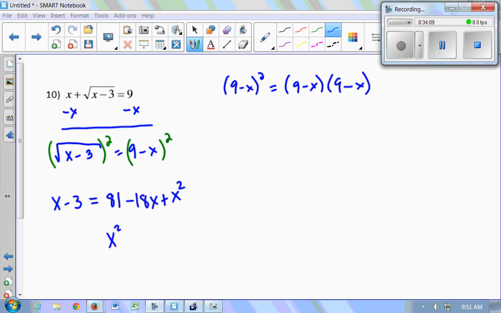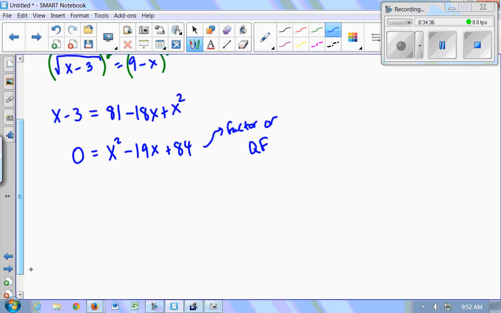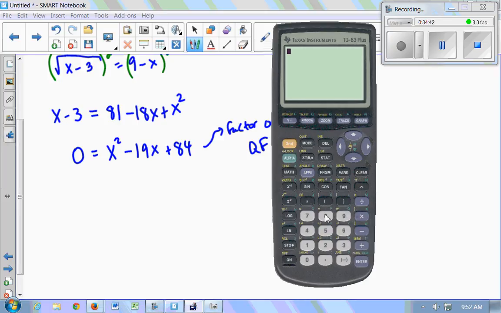So I have x squared, subtract x from both sides, add minus 19x, add 3 to both sides, plus 84 equals 0. And then you can either try to factor it or use the quadratic formula. All right, so let's finish this. 84, does it have any factors that would add to 19? 7 and 12 is 19.